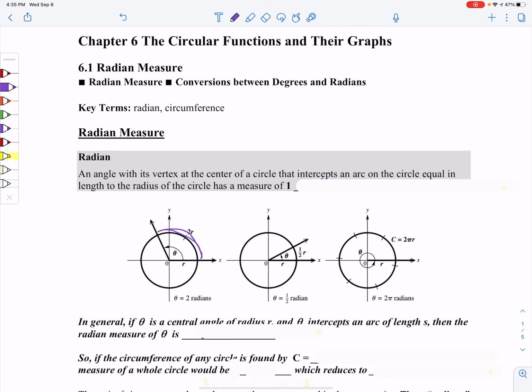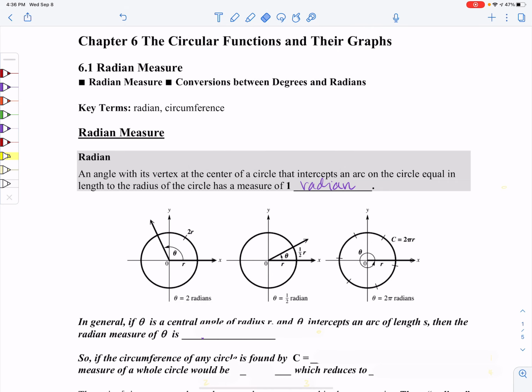If the arc length is the same as the length of the radius, then we say the measure of that angle is 1 radian.